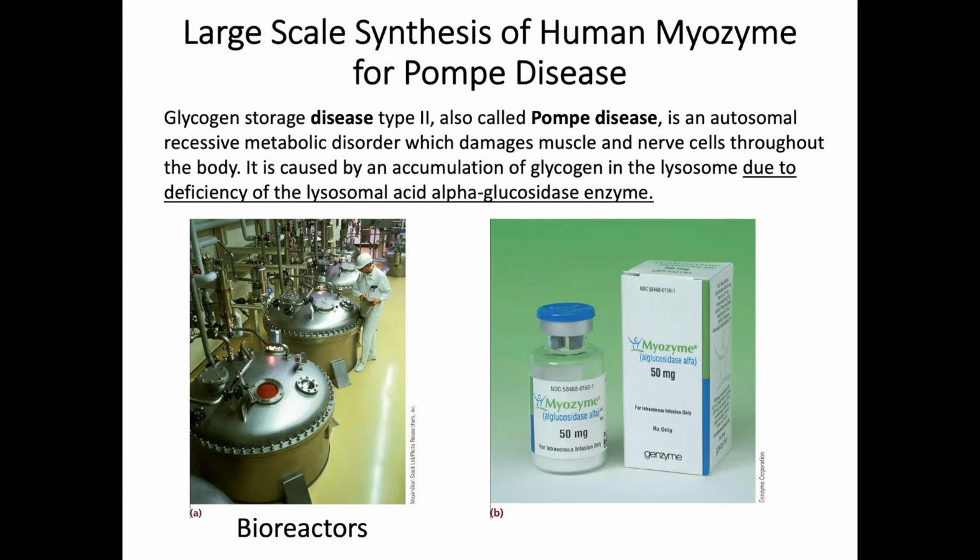It is caused by an accumulation of glycogen in the lysosomes due to deficiency of lysosomal acid alpha glucosidase enzyme. Okay, so this drug, Myozyme, is very expensive. The average cost for Myozyme is about $300,000 per year and ranked one of the costliest drugs per patient.